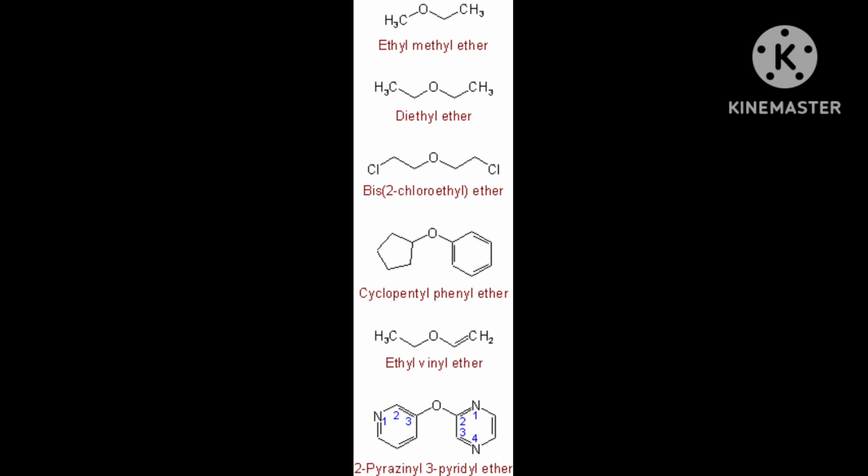Alphabetically, M will come first, LMNOP. M will come first, then you write 2-methoxy propane. But the alkoxy group will be the smaller one, that you remember. Then 2-methoxy propane.